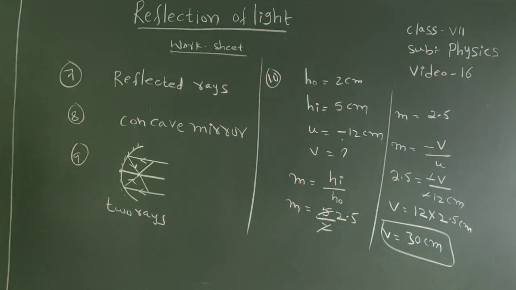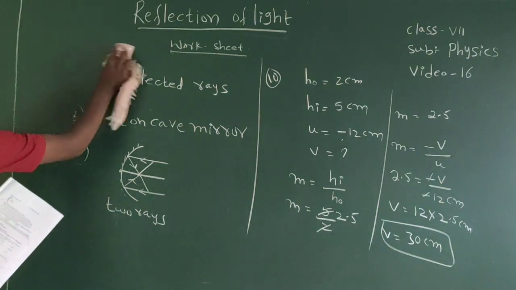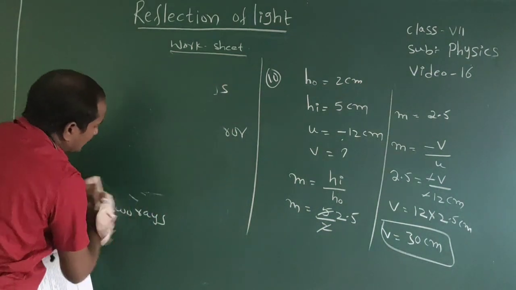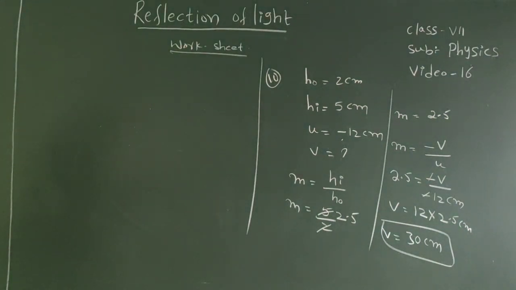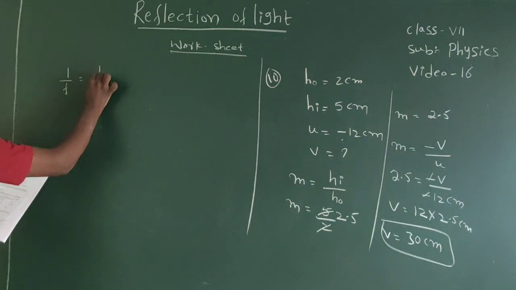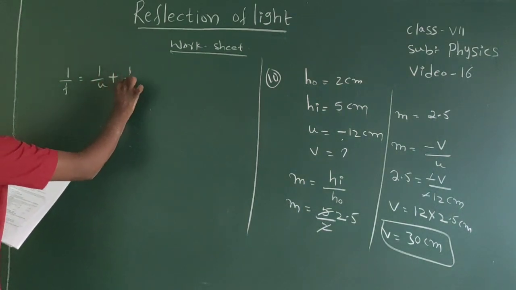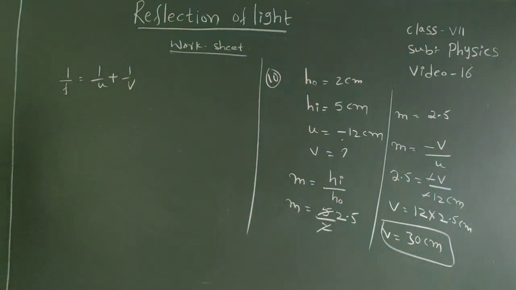Now find the focal length of the concave mirror. 11th one. From the above data, we can find the focal length. So here 1 by f equal to 1 by u plus 1 by v. We can write here m equal to f by f minus u also.